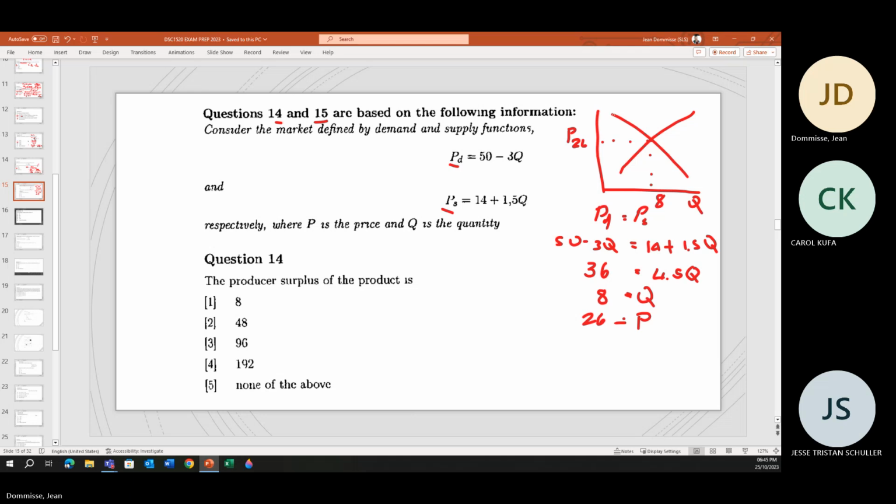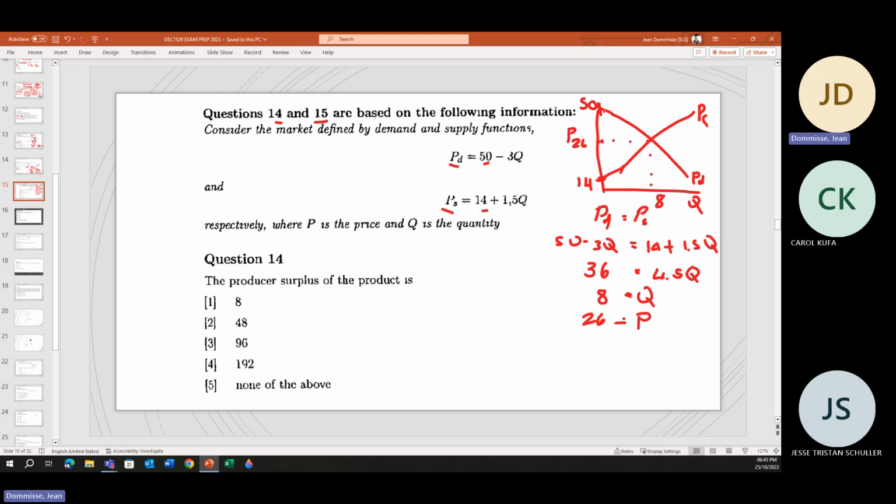Then we have where that line goes through is at 50, because that is your demand function. This is your supply function. That goes through 14.